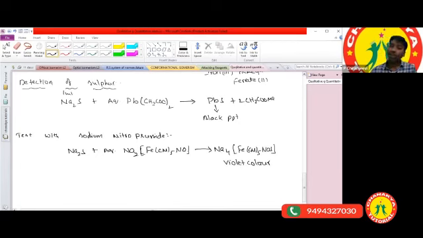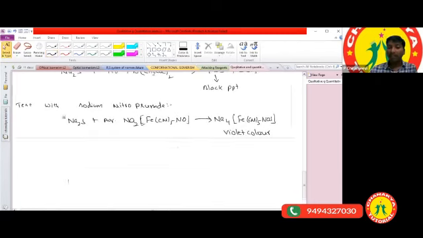One more test for the detection of sulfur. Sulfur is present in the form of sodium sulfide, and it is also present in the form of sodium thiocyanate, NaSCN.